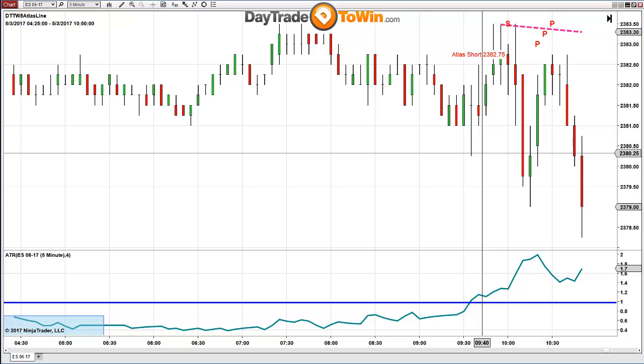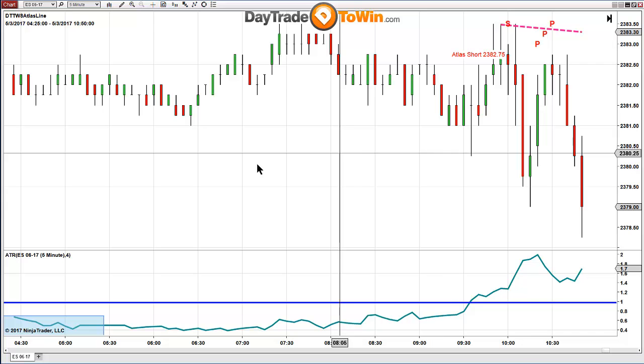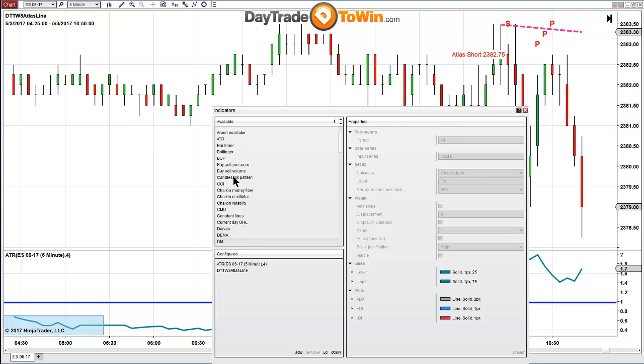Typically, you can look at the Bloomberg economic report. You can look at the news indicator that I have coded here for NinjaTrader 7 and NinjaTrader 8. So if I click on the news indicator, you'll be able to see into the future any news right on your chart, and you can actually download this for free on the free software portion of DayTradeToWin.com.